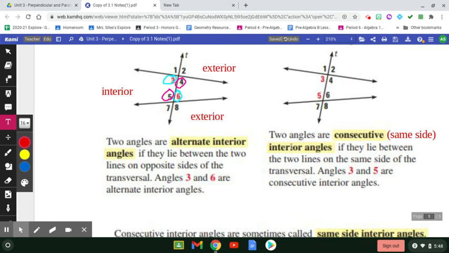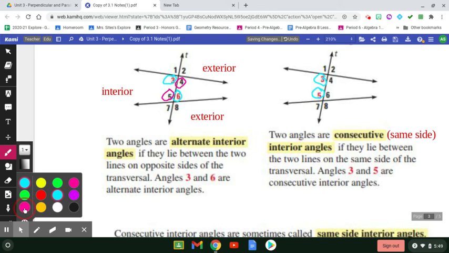Okay, so we're in the interior again, so I'm focusing on angles 3, 4, 5, and 6. Consecutive means same side. So, for example, I'm looking at angle 3 and angle 5 because they're on the same side as the transversal. Another set would be angle 4 and angle 6 because they are also on the same side of the interior.